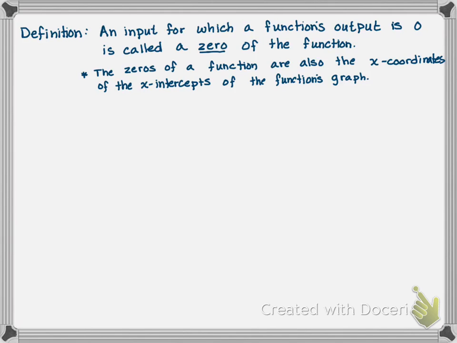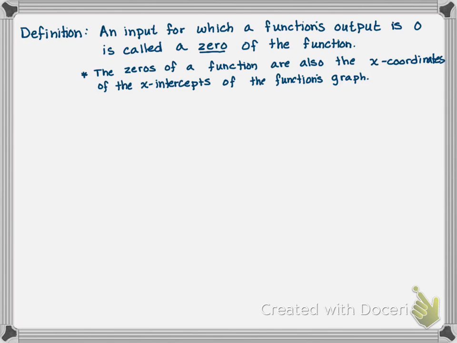So to find x-intercepts and to find zeros, the process is essentially the same, but the x-intercepts and the zeros aren't the same mathematical objects. Zeros are just x values, whereas x-intercepts are ordered pairs. They're points on a graph.